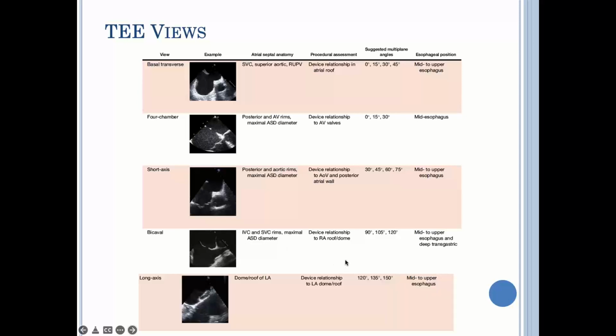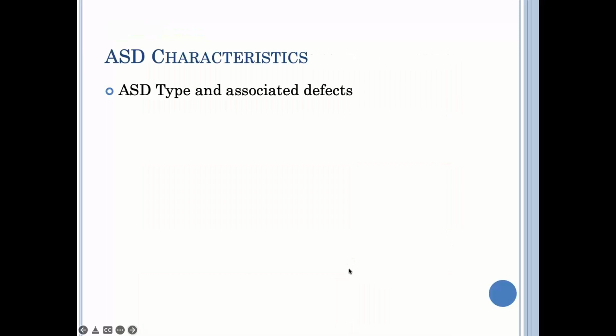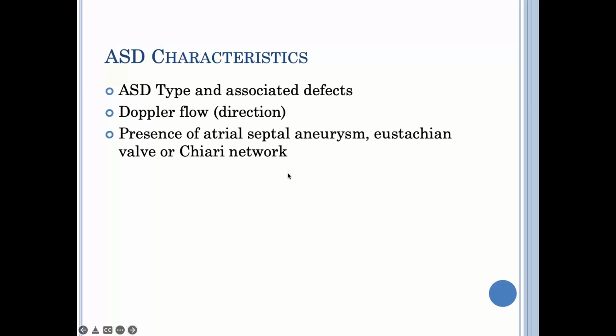So I'll go ahead with some of the more details on characteristics of ASD. Essentially, there are various types and associated defects that I mentioned. Generally, we want to look at the Doppler flow, whether it's left to right, which is very common, right to left, whether it's transient or a late stage presentation that's persistently right to left, or bidirectional.